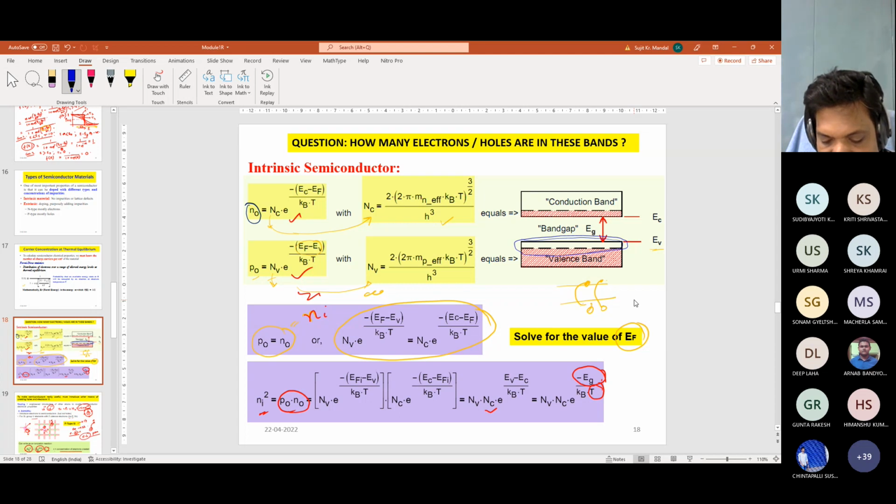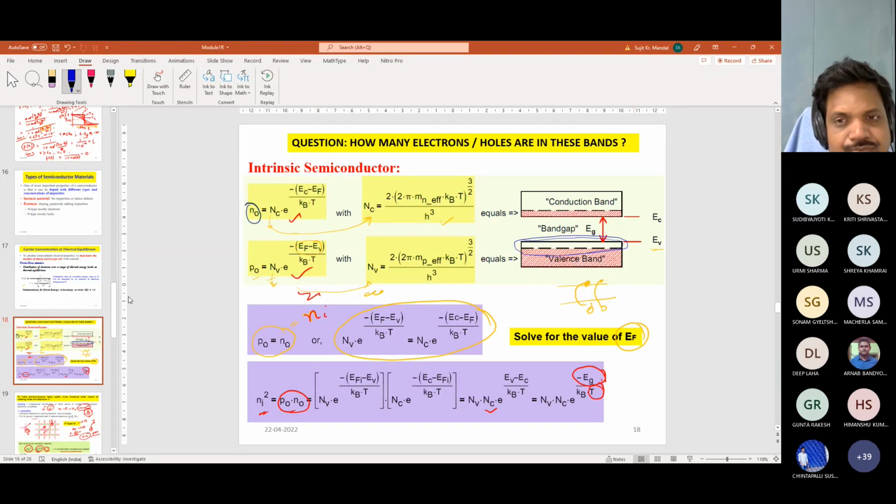The number of electrons in the conduction band will remain the same as the number of electrons leaving the valence band. To indicate that, the size of this color indicates that an equal number of electrons and holes are jumping from valence to conduction band. Okay, sir, that is why this area or volume is equal.